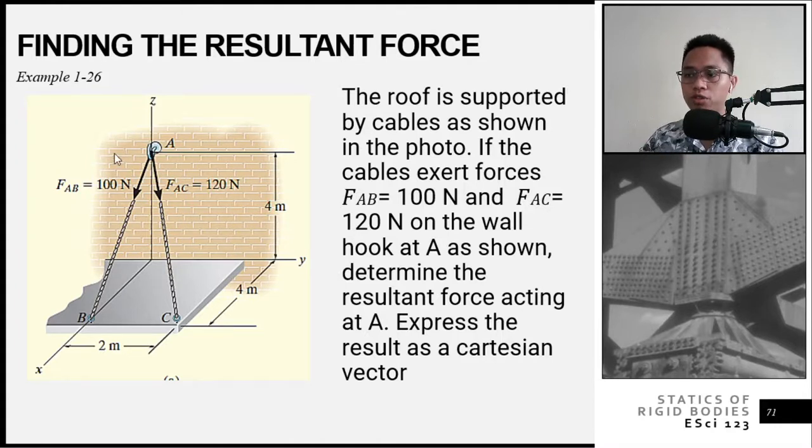Now, if you don't know the concept of finding the force directed along a line, you cannot solve this type of problem. You won't be able to, because it's easier to solve if FAB is in ijk, and FAC is in ijk too. So if you don't know our previous topic, you will have difficulty solving this problem. Okay, so without further ado, let's solve example number 26.